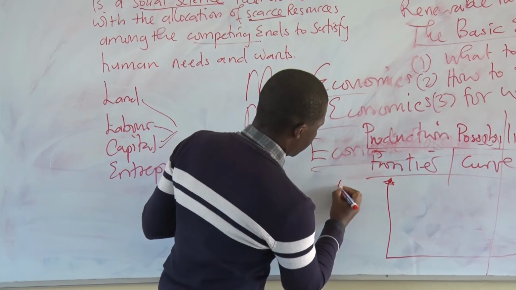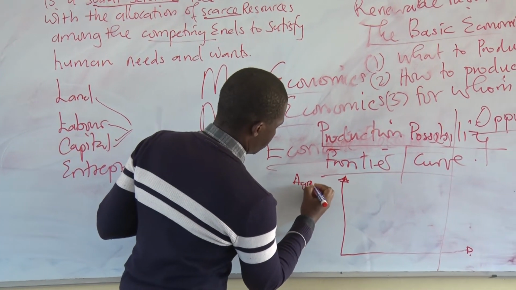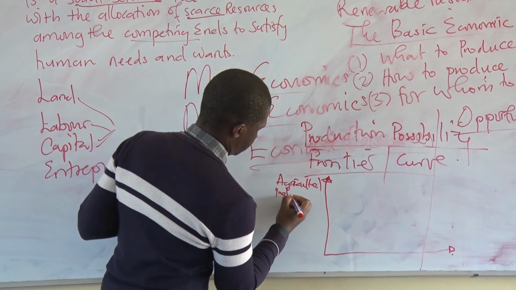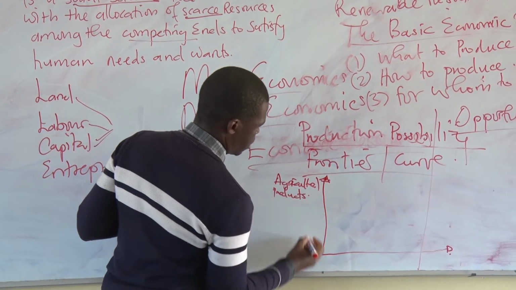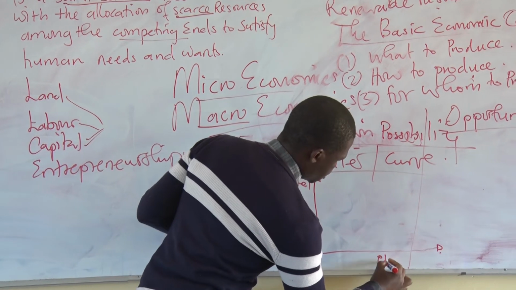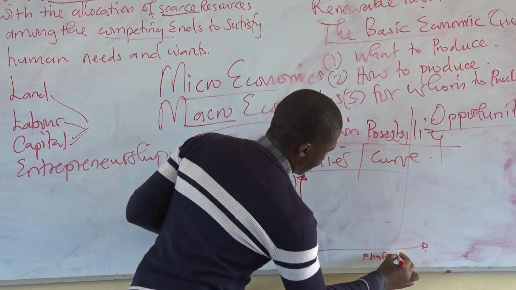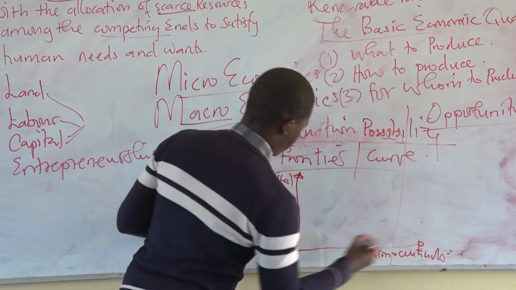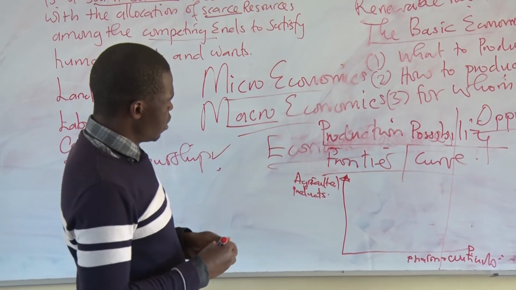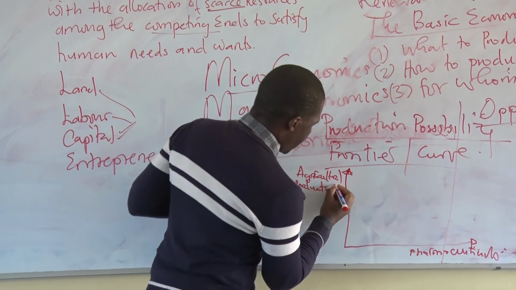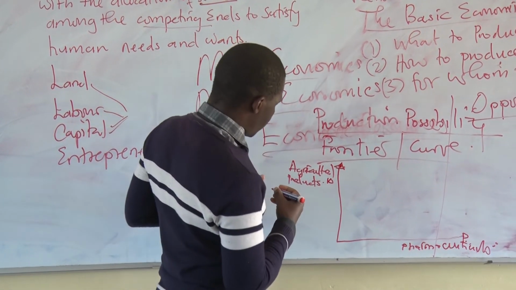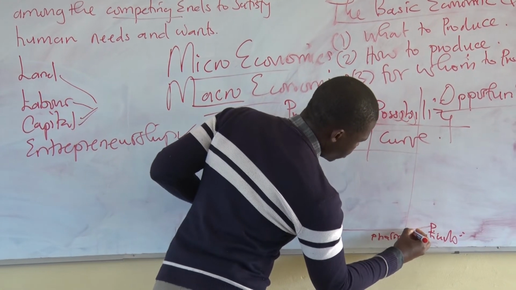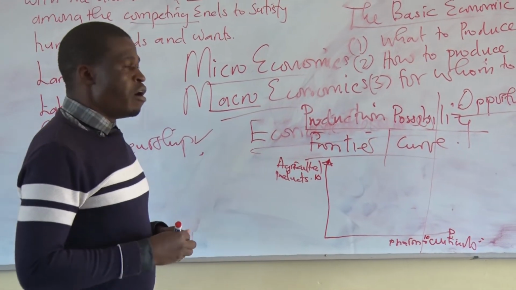So this one will be agricultural products. This will be pharmaceuticals. Right? If they are producing 10 units of agricultural products, maybe they are also producing 10 units of pharmaceuticals.